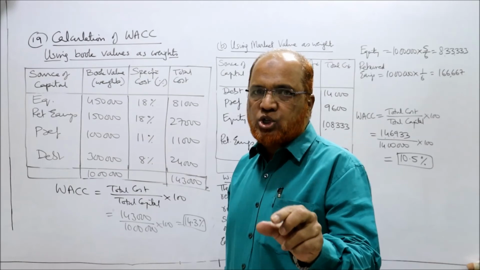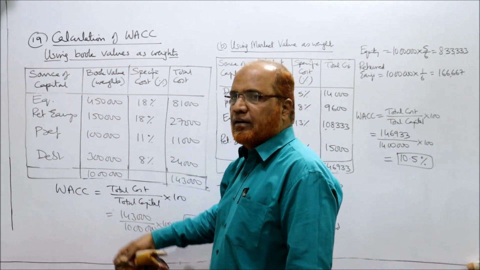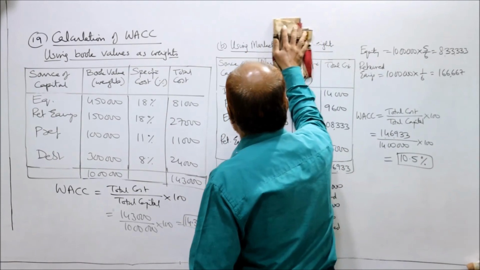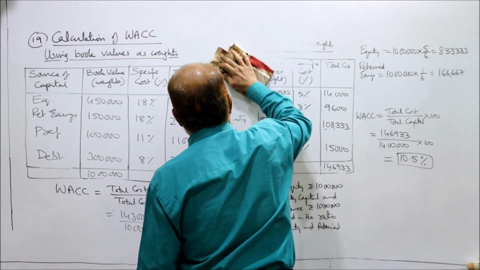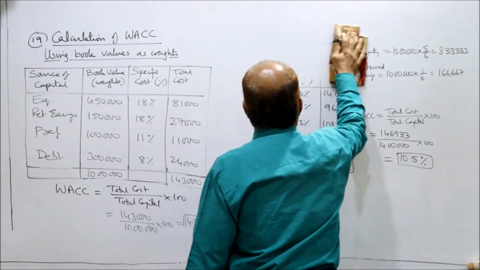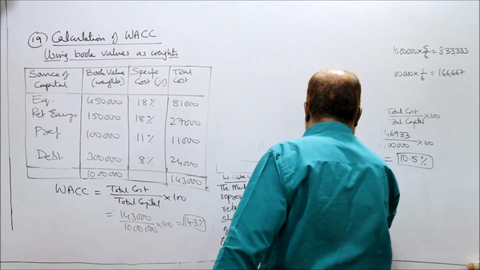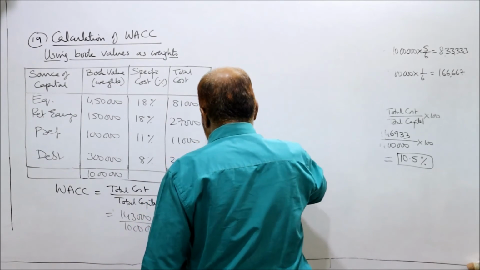Even if you take proportions without taking amounts, and then find WACC, the same answer will come. So what is the ultimate conclusion? WACC can be calculated either by taking the amounts or by taking the proportions. We'll get the same amount.